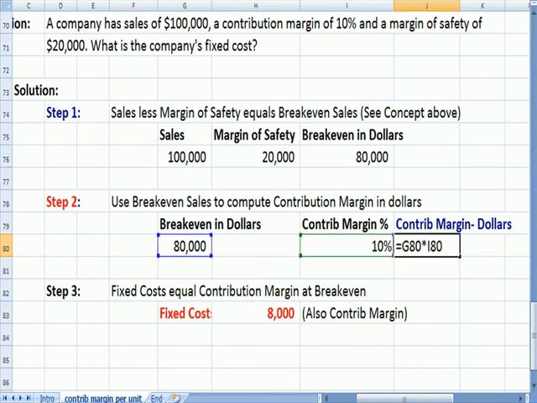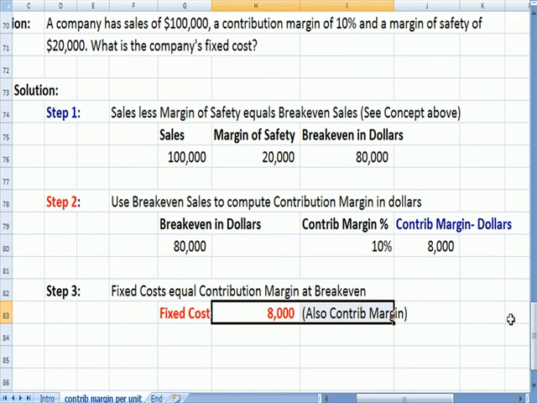That's my contribution margin in dollars. And lastly, we learned that at break-even, my contribution margin is equal to my fixed costs. So if my contribution margin at break-even is 8,000, my fixed costs must also be 8,000.